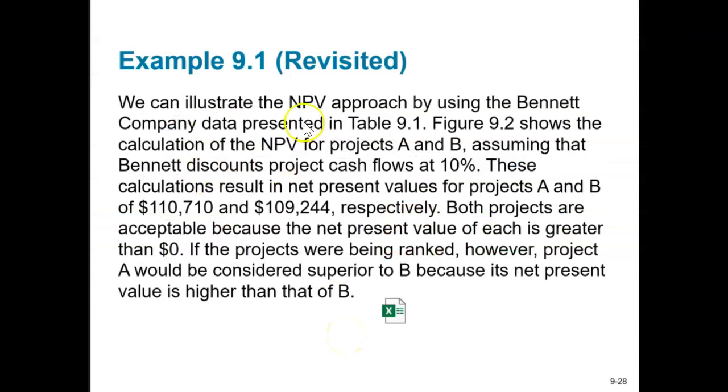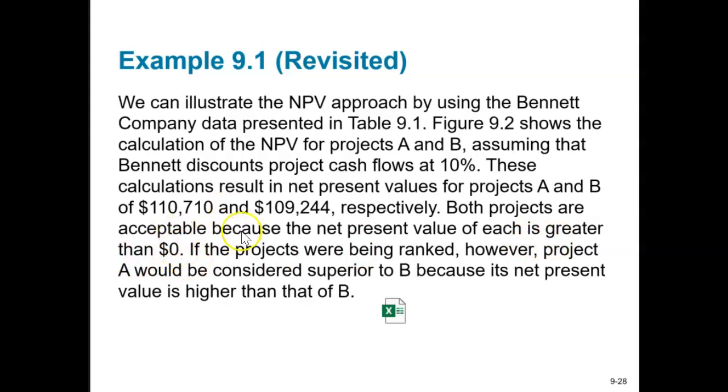Okay, coming back to the PowerPoint, we can say that the results from the Excel sheet are project A as 110 and project B as 109. So we can say that both projects are acceptable because the net present value of each is greater than $0.